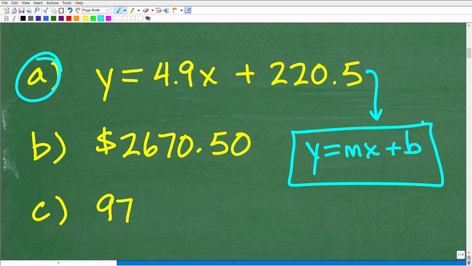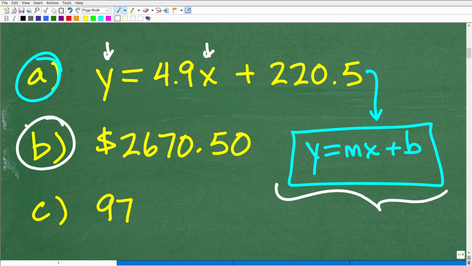So linear models are typically constructed using y equals mx plus b format, which is the slope-intercept form of a line. Now you could use standard form, you could even do it in different ways, but most algebra courses are going to have you set up your models this way. So you should have something like this: y equals 4.9x plus 220.5, and y is the total cost of books, and x is the number of books you want to produce. I'll get into all this in more detail.